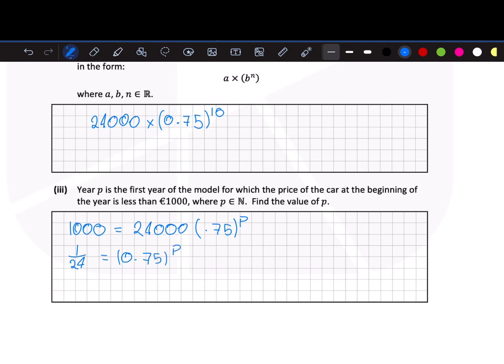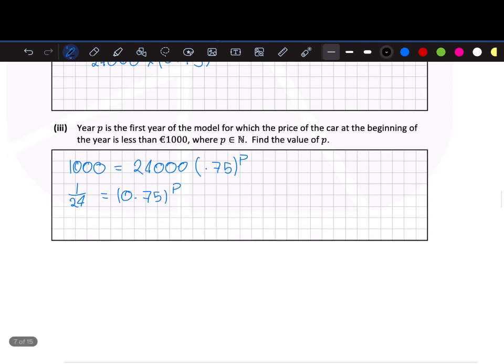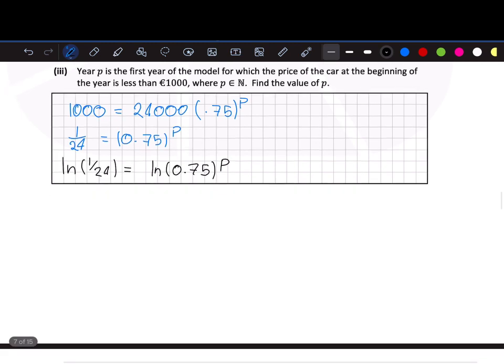Now if we take the log of both sides, we have the natural log of 1 over 24 is equal to the natural log of 0.75 to the p. That p, using our log rule, we can bring to the front. So then we're just going to have p times the log of 0.75 is equal to the log of 1 over 24.